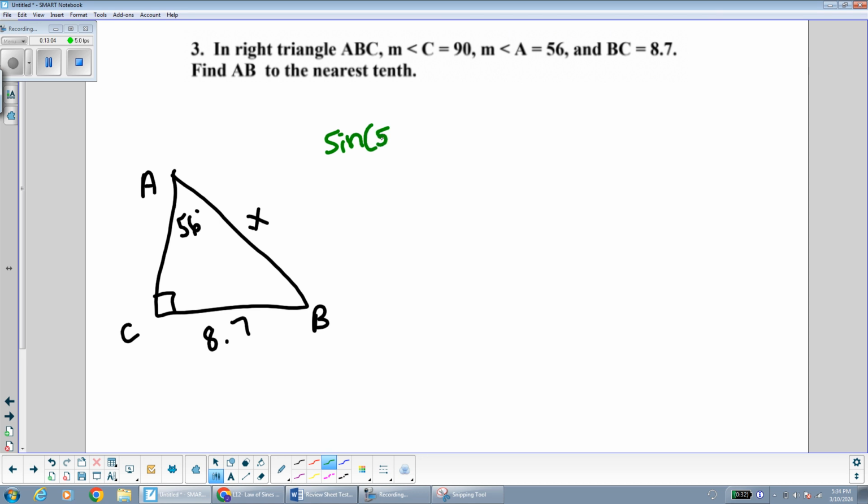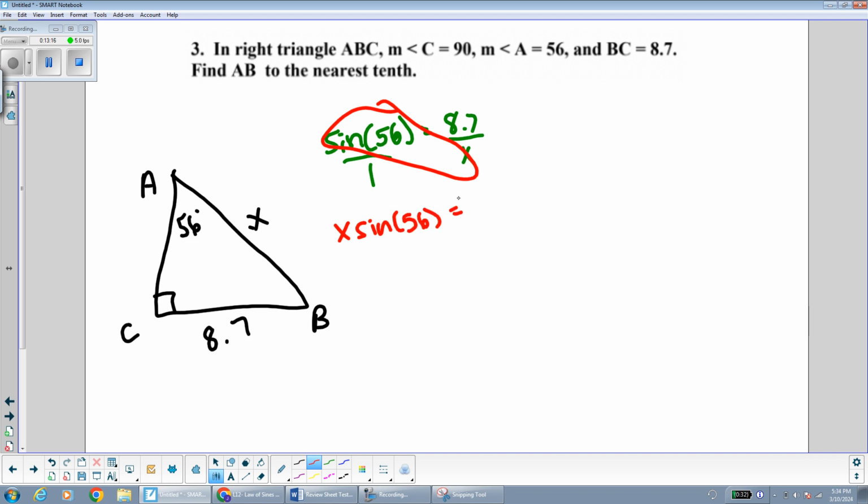So sine of 56 is equal to opposite over hypotenuse. I'm going to put this over 1 and cross multiply. We have x sine 56 is equal to 8.7. To get the x by itself, I'm going to divide both sides by sine of 56.